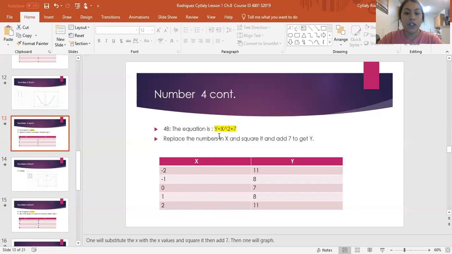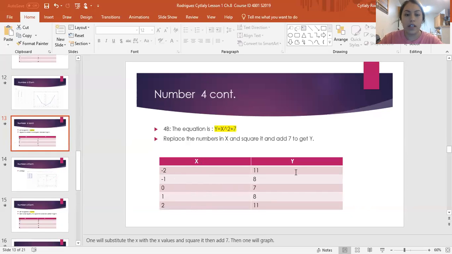So I did -2 squared plus 7, gave me 11. -1 squared plus 7 gave me 8. And then I did 0 squared plus 7 gave me 7, because 0 squared is 0, and then you add 7, is 7. 1 squared plus 7, 8. 2 squared plus 7, 11.